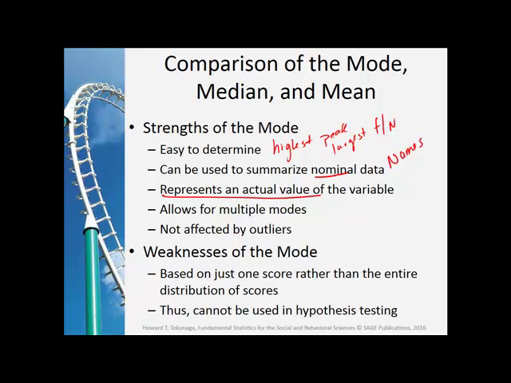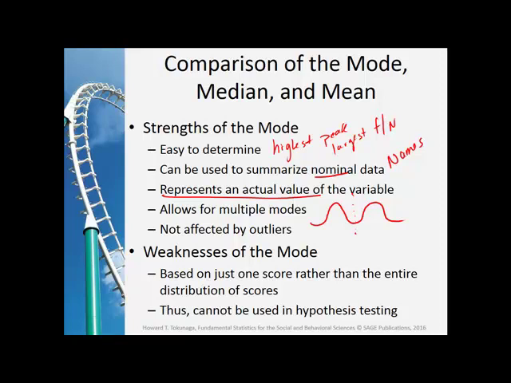The mode also allows for the possibility of multiple modes. So it allows for the possibility that there are two most popular outcomes. You'll notice that with the mean and the median, you're calculating it down to a single outcome. So let's think of a distribution that is what we would call bimodal. Where is the mean and the median going to show up?